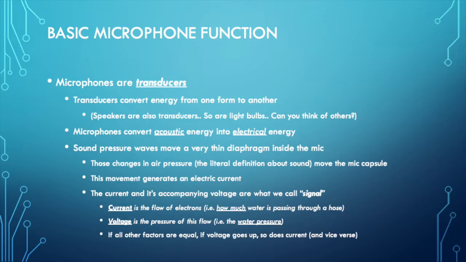So if the voltage goes up, the current will go up. If the current goes up, that is due to an increase in voltage. And again, it's not crucial that you understand the math or physics behind that, but it's just interesting to know what's going on under the hood, so to speak.